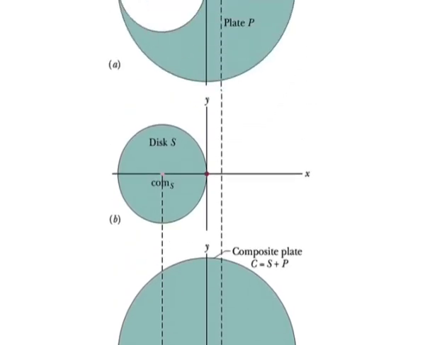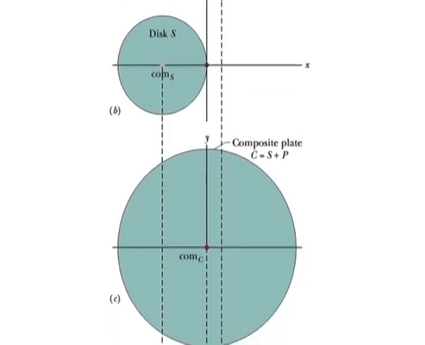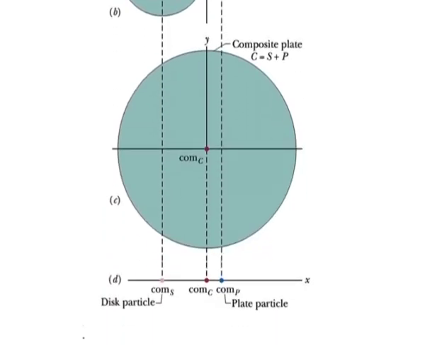Because of its circular symmetry, the center of mass, that is COM S, for disk S is at the center of S. Similarly, the center of mass COM C for composite plate C is at the center of C, at the origin, as shown.